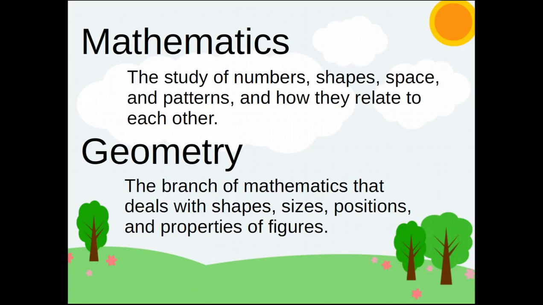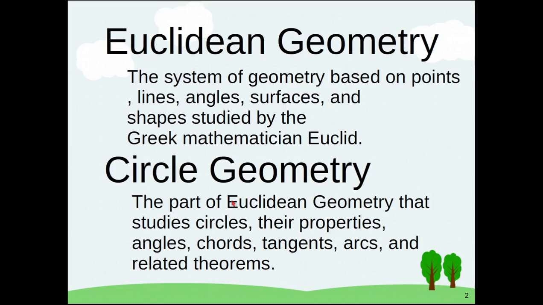Now, under geometry, there is a geometry that specializes with shapes. There is a geometry that specializes with lines and figures. And now we are going to narrow it down to focus on the one that deals with shapes, which is Euclidean geometry.